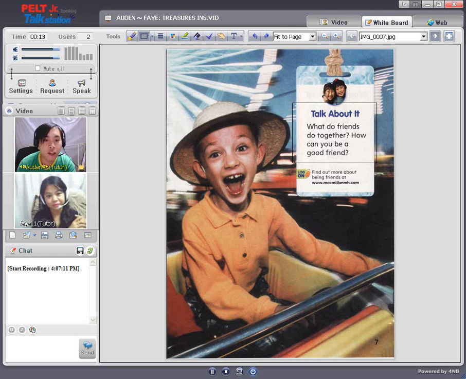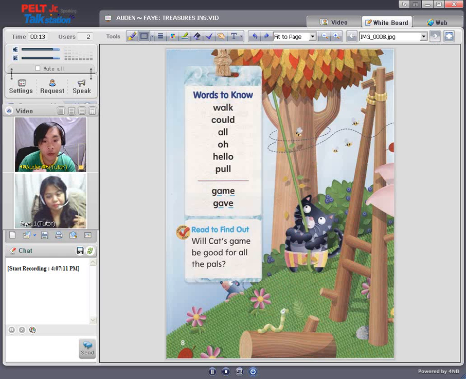The next part of the book is the first short story. In Treasures, we have the short story, the first reading, and then the second story is the longer story for reading and comprehension exercises. So how do you teach this page, Teacher Faye?